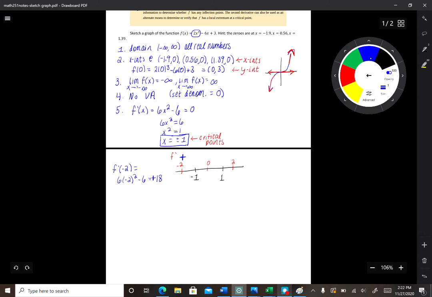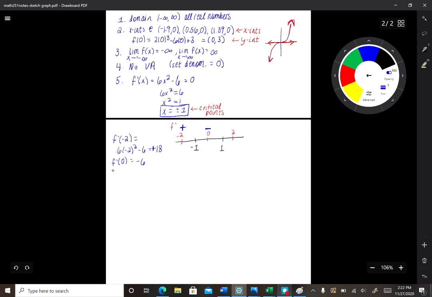Next, I have f prime of 0, which is equal to 6 times 0 squared minus 6, which is -6. That means on this interval, our derivative is negative, or our function is decreasing. And finally, what is f prime of +2?